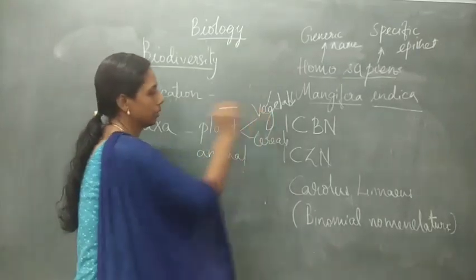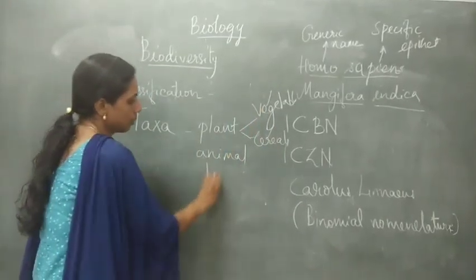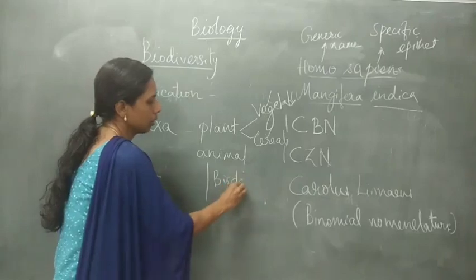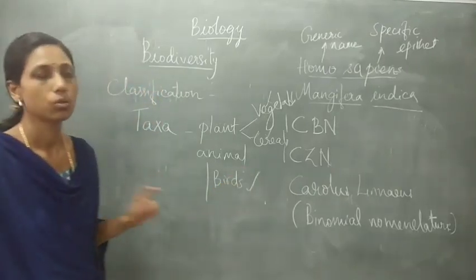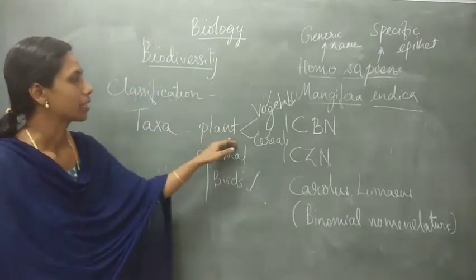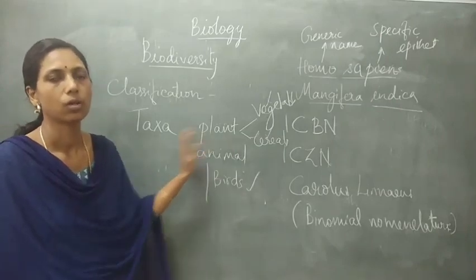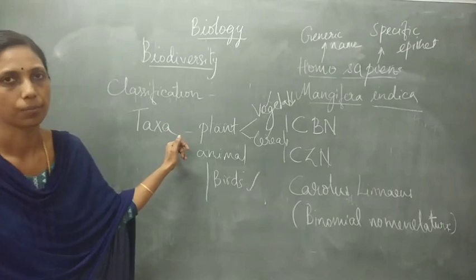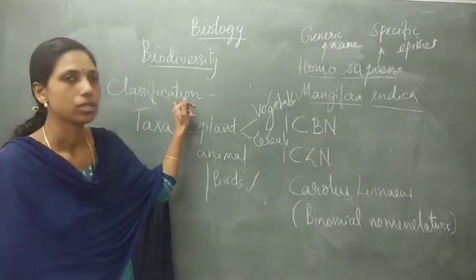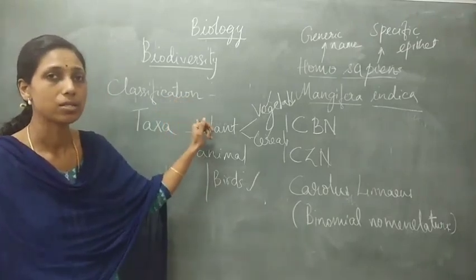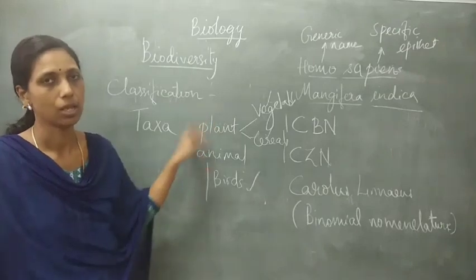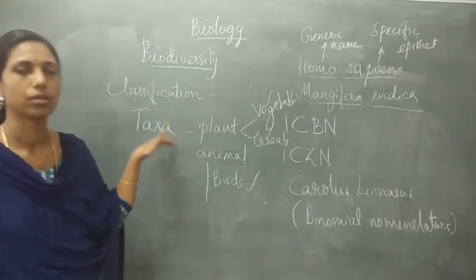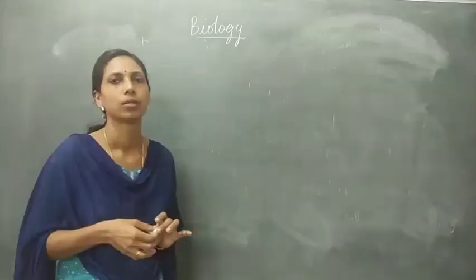Under animals, simply birds are there. This is another taxa. So each category we call a taxa. The scientific term for this is taxa. So classification is grouping organisms into convenient categories, and each category scientifically is termed a taxa.